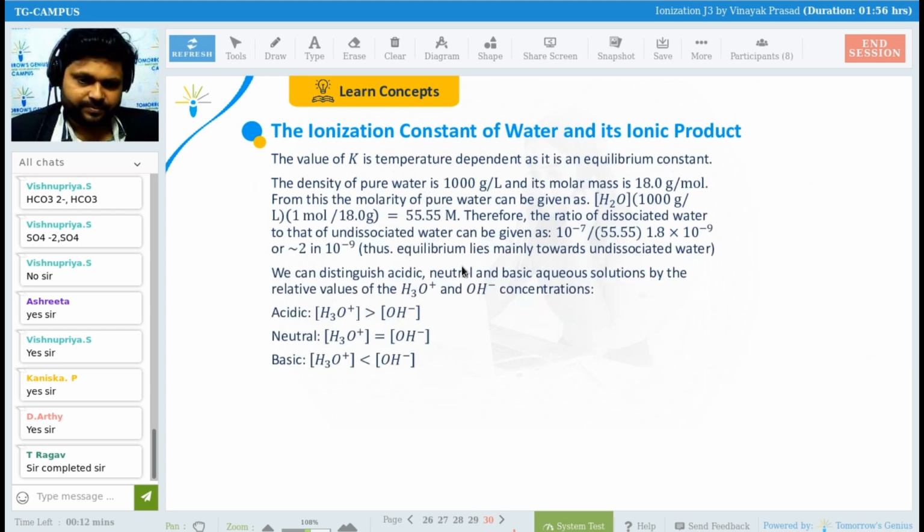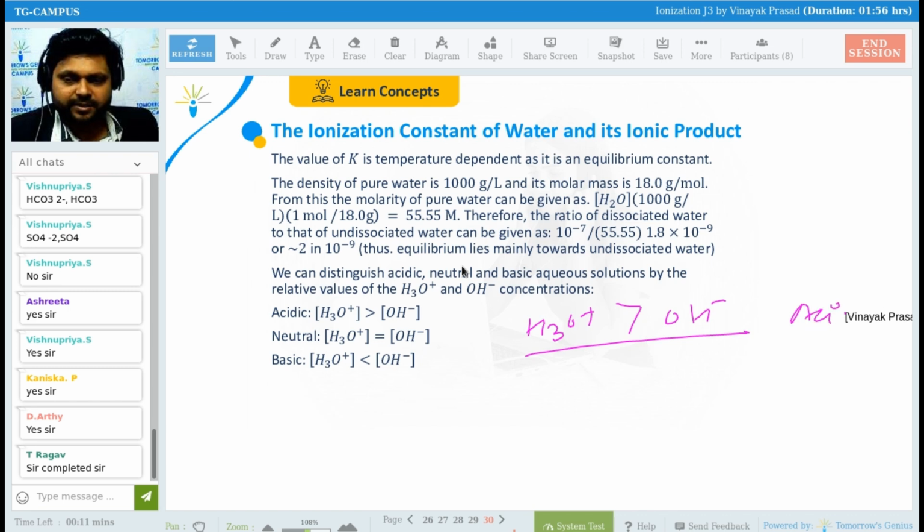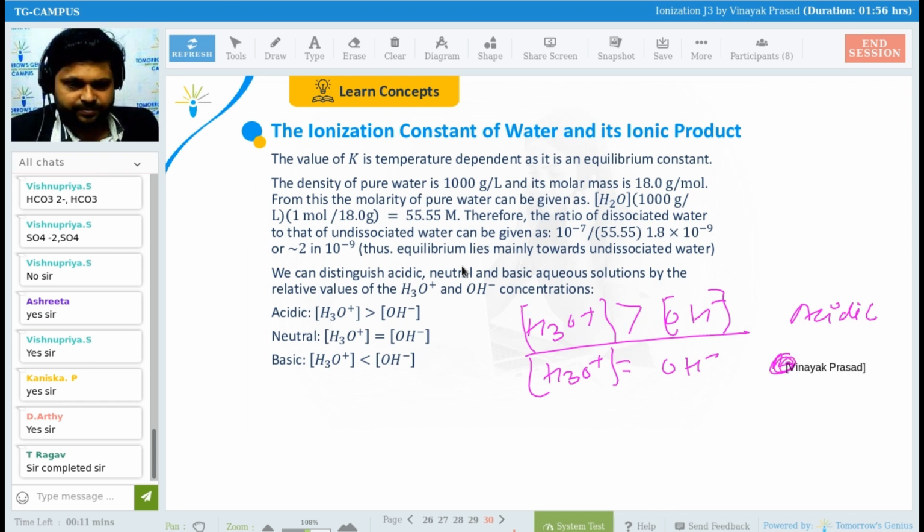Is it okay? Now, guys, for acidic character, if H3O plus ion is greater than OH minus ion, then it will be acidic in nature. For the neutral case, the concentration of H3O plus ion is equal to the OH minus ion, then it is neutral.